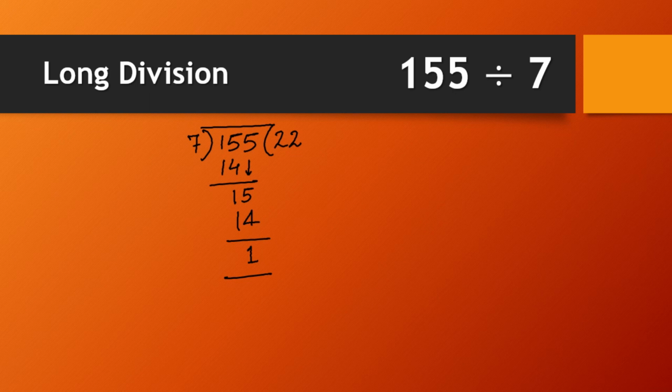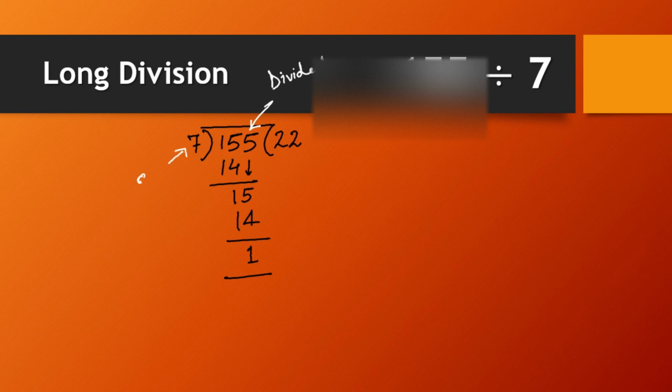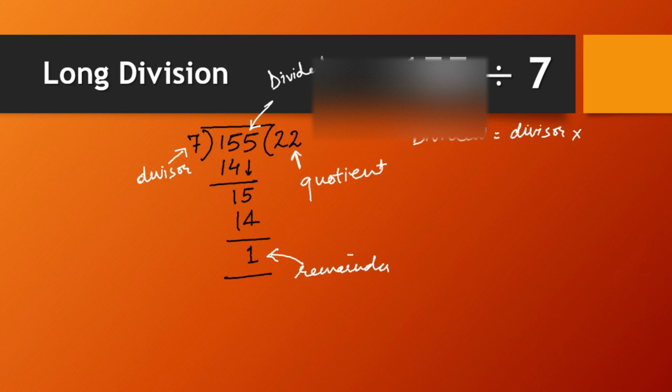In junior classes, we also have done this: number 155 is known as dividend, 7 here is divisor, 22 is quotient and 1 is remainder. And you were also taught that dividend is always equal to divisor into quotient plus remainder.